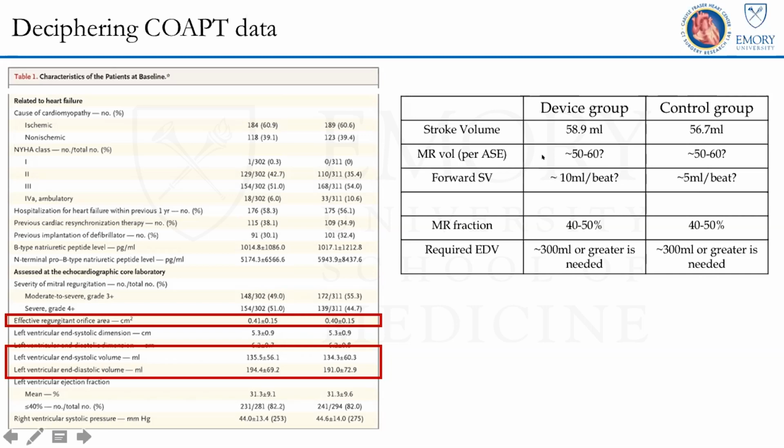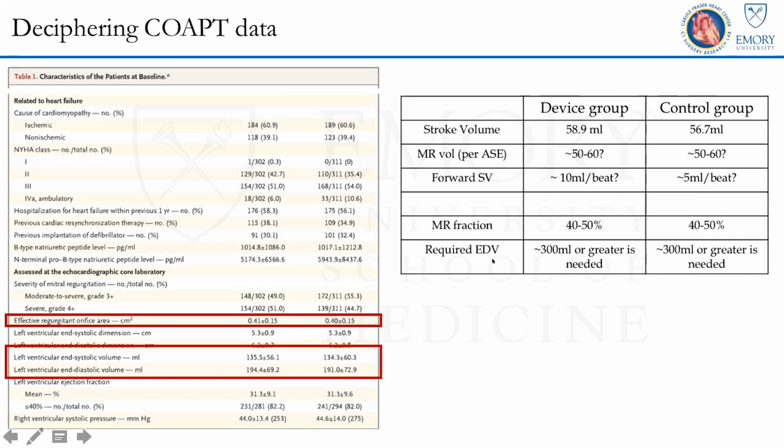So if you look at the table on the right side, the top row shows the total stroke volume, which is calculated from their data. The second row shows the MR volume, which seems to be expected. If you subtract those, the forward stroke volume expected in these patients is approximately 5 to 10 ml, which seems quite erroneous.